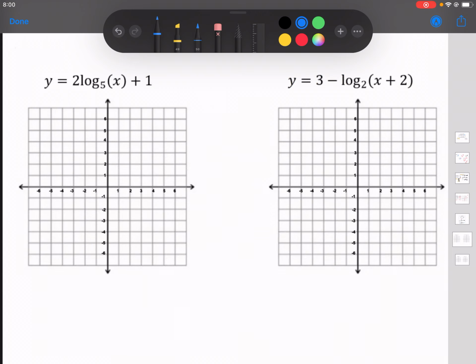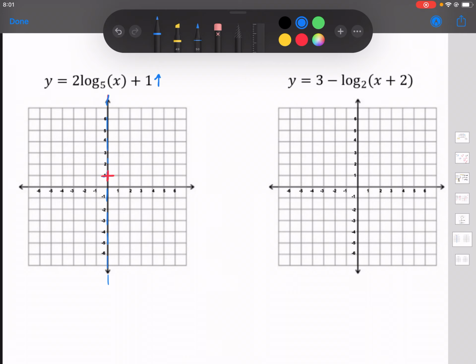So this one, we've got 2 log base 5 of x plus 1. So since the plus 1's outside, that tells us we're shifting our graph up 1. And remember, we have a vertical asymptote now. So I'm just going to draw a vertical asymptote going like this.